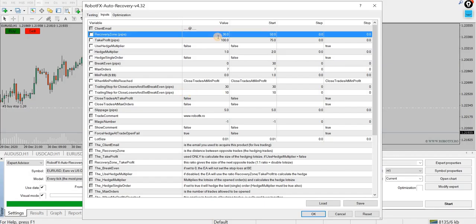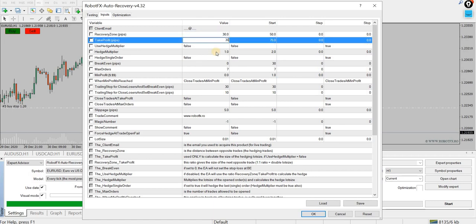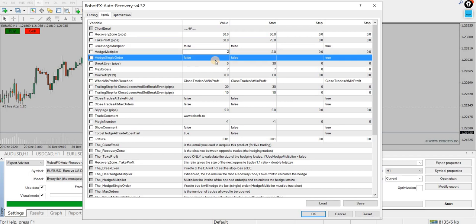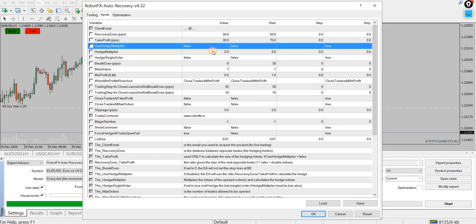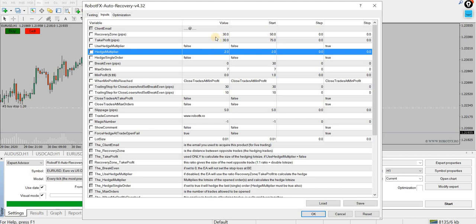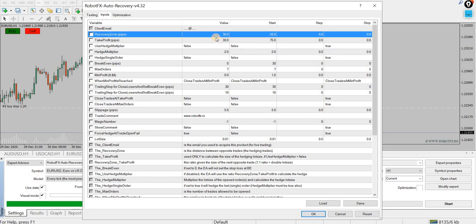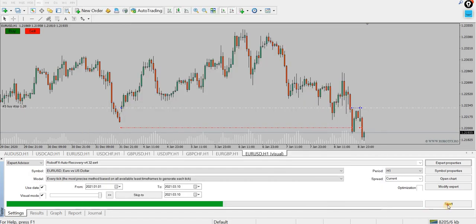So if you are using, let's say, 30 and you want that double, basically it will be the same thing as having this set to true and 2 as a multiplier. You should have this recovery zone and take profit equal.